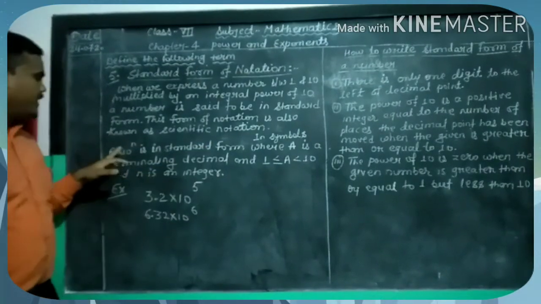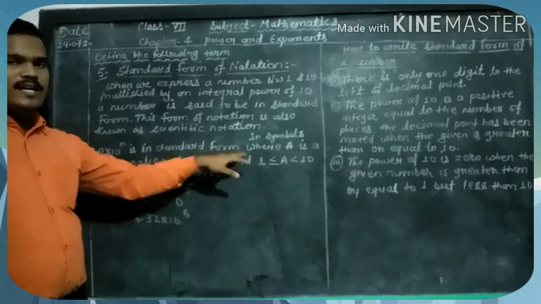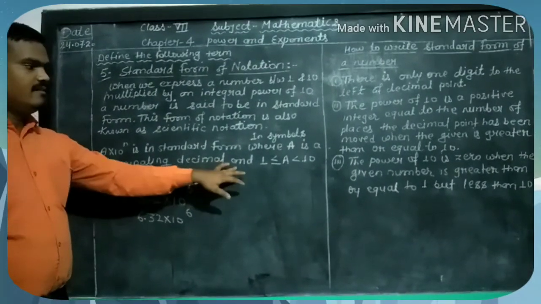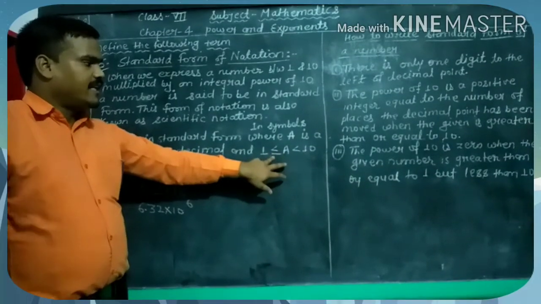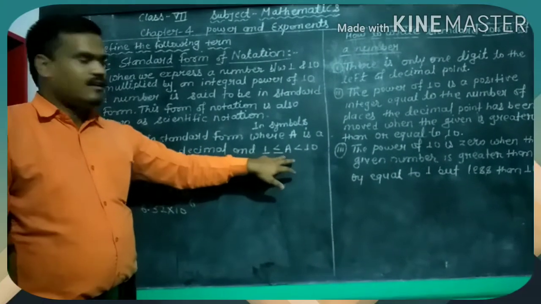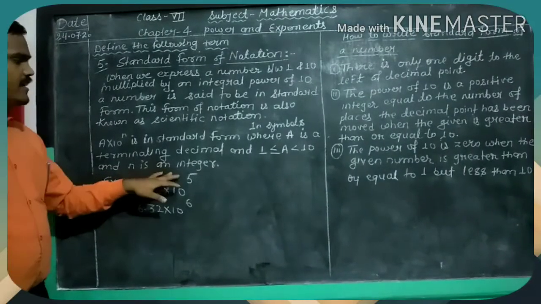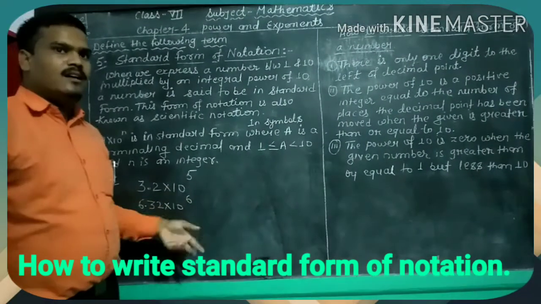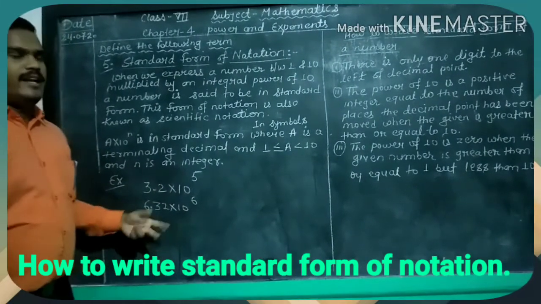In symbols, a into 10 to the power n is standard form, where a is a terminating decimal greater than or equal to 1 and less than 10, and n is an integer, which means n can be any counting number, positive or negative.